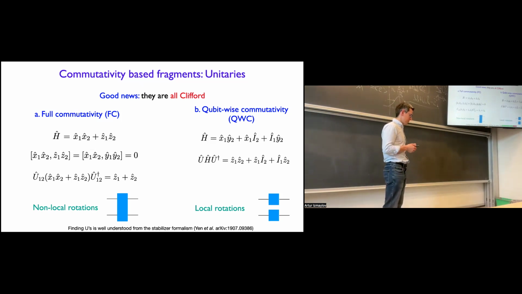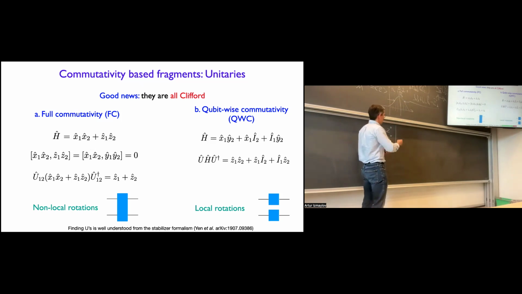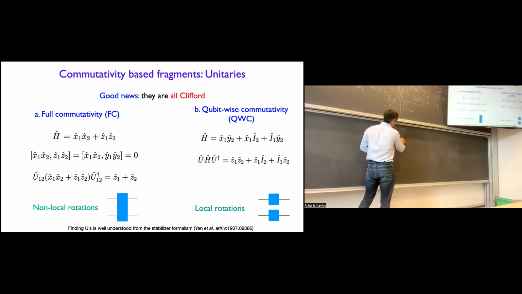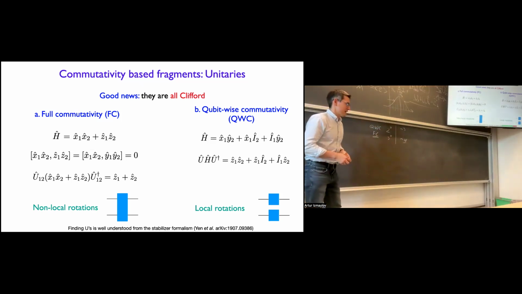And I remember from the practical perspective, if you take the Hamiltonian that we have in the fermionic problems, go to the qubits and do the qubit-wise commuting groups, they generally have approximately 3, maybe a constant number of terms on average inside each group, while with full commutativity they have on average groups of size n.